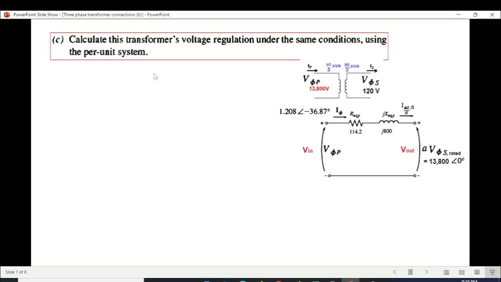We have to calculate the voltage regulation here under the same condition, but using the per unit system. So this was our circuit. We have to convert this into per unit. For per unit, we know that we have to have the actual value divided by the base value.